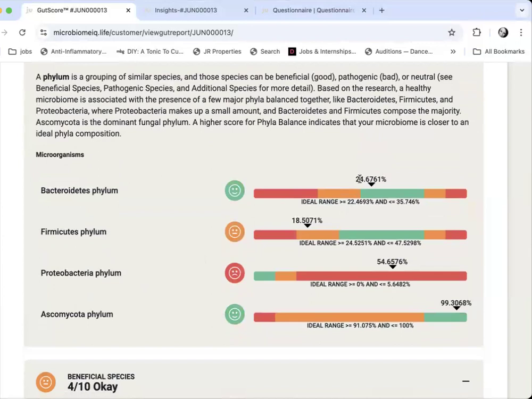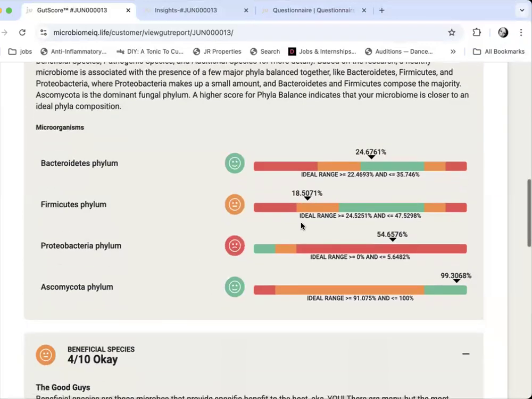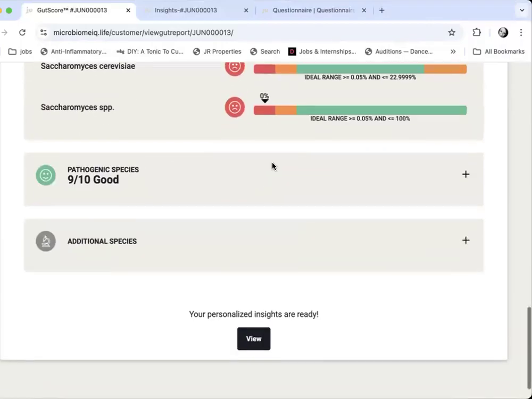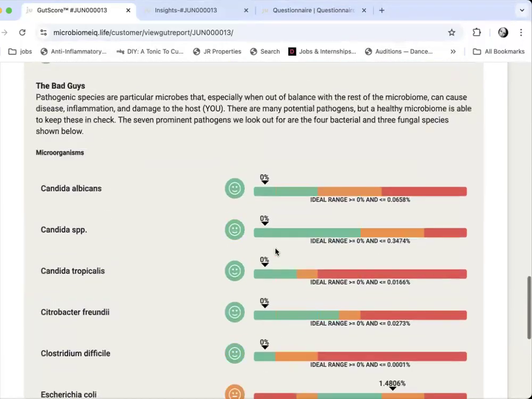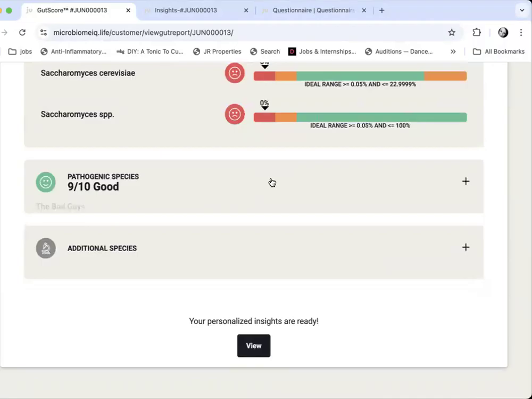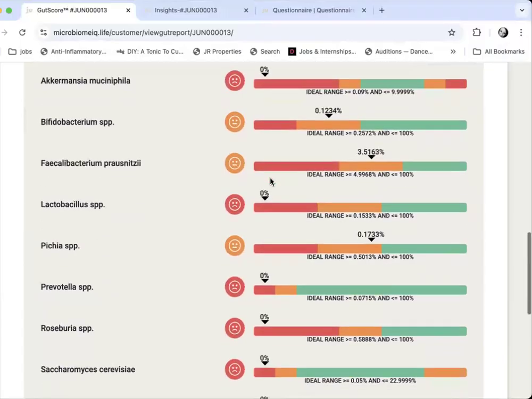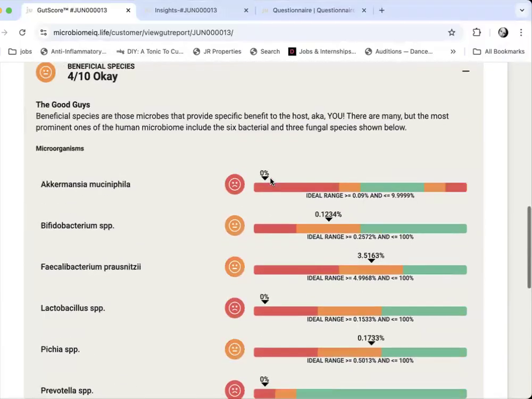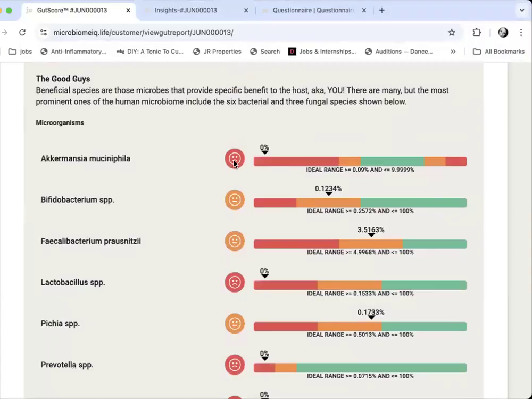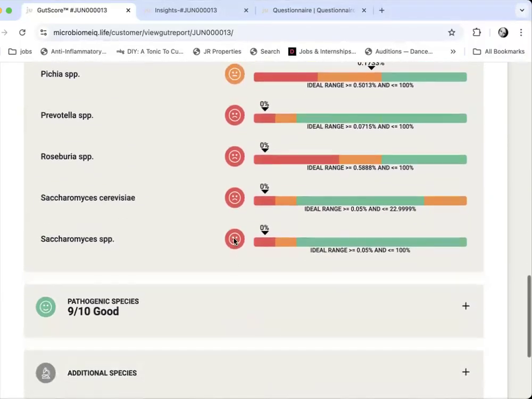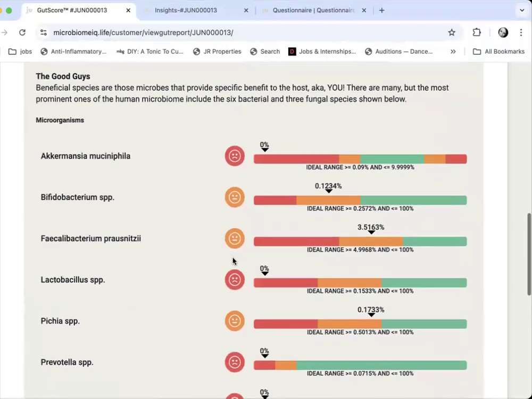Maybe the Bacteroidetes and Firmicutes are pretty in balance. Maybe they're like this report and they don't have any overgrown pathogenic species. But they're still really uncomfortable and they want to know why. And most likely the reason is that their report may look just like this one, meaning we have frowning and okay faces in all of these protective and beneficial species sections.